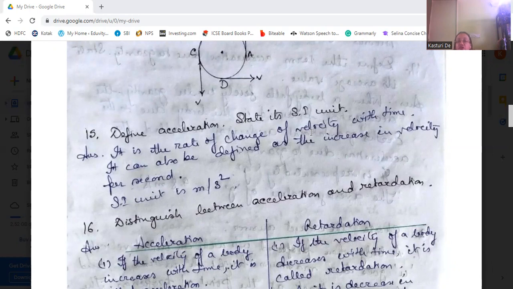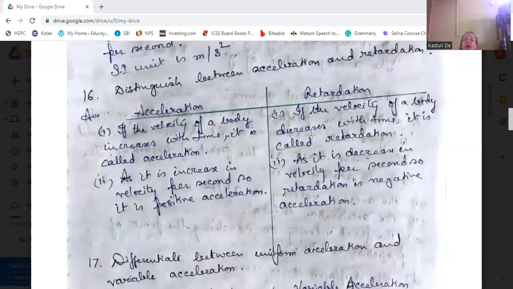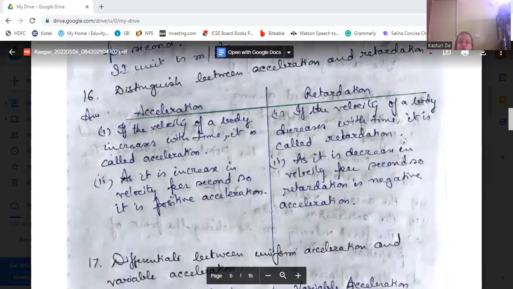Distinguish between acceleration and retardation. If the velocity of a body increases with time, it's called acceleration. Whereas if the velocity of the body decreases with time, then it is called retardation.